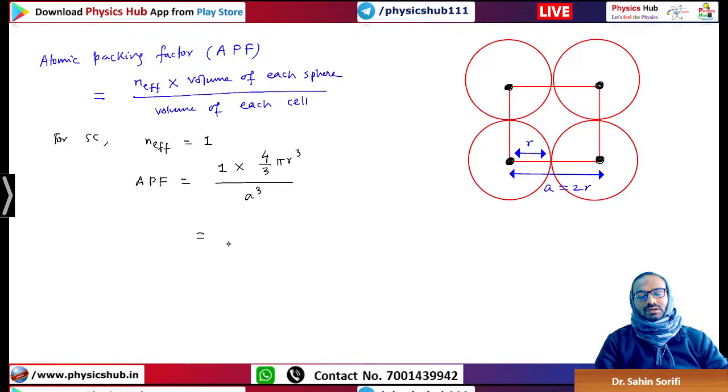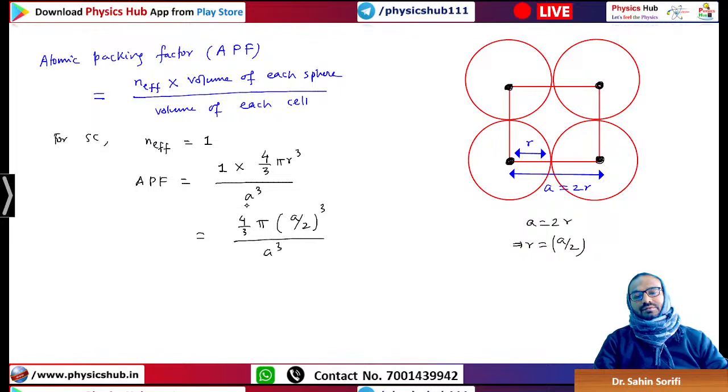There are two ways: you can either express r in terms of a, or a in terms of r. Since a equals 2r, that means r equals a by 2. So we are placing r equals a by 2: (a by 2) cube divided by a cube. If you put a equals 2r, then also the r cube gets cancelled. You will get effectively the same result. So from this, how much value do you get? a cube is cancelled. 4, 2, 3, 6.